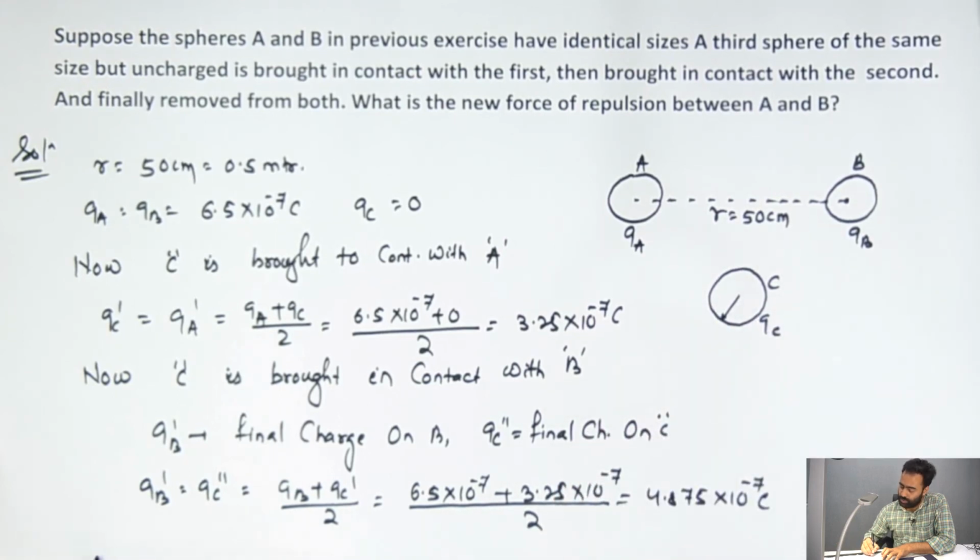Now the new force between A and B will be K QA dash QB dash divided by R square, that is 0.5 square.